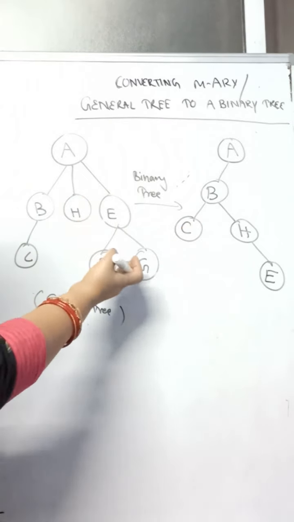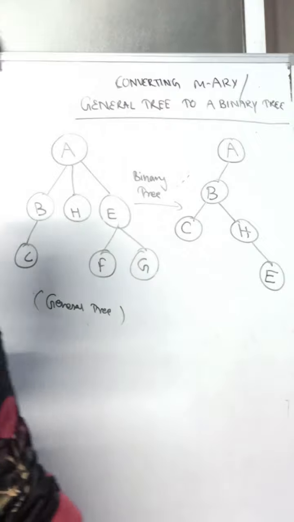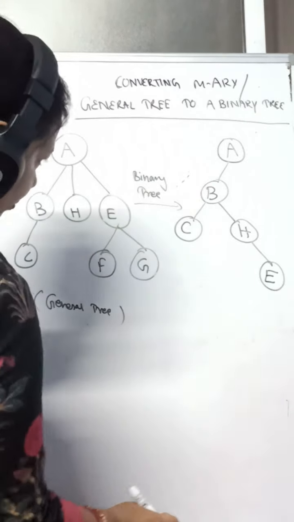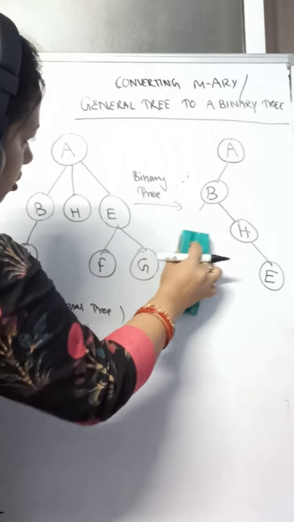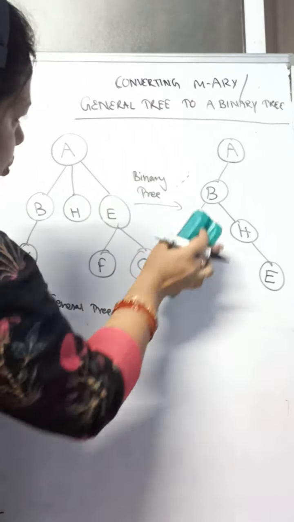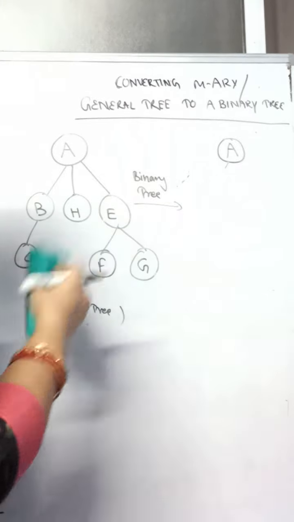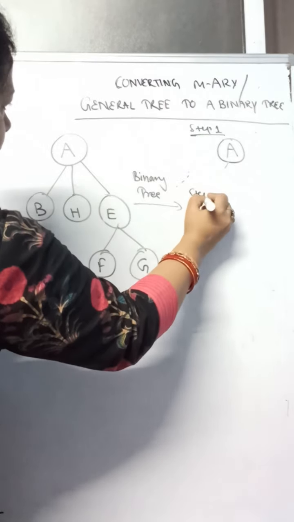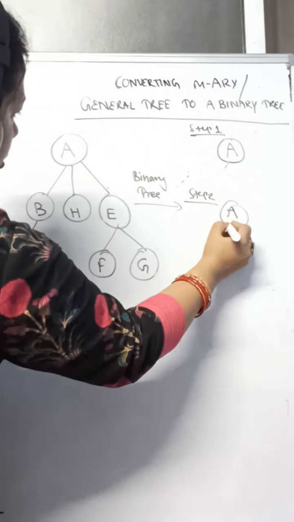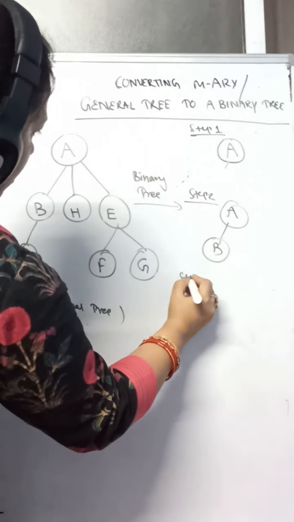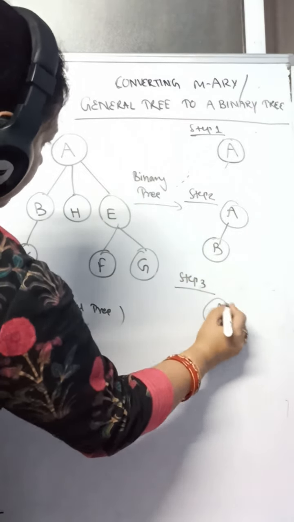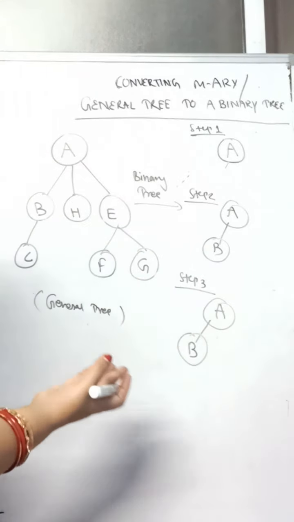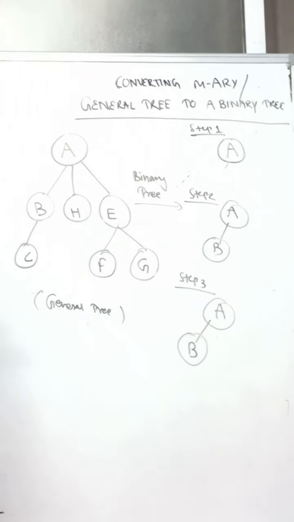Now take your F and your G. The steps you can do like this. This may be step 1. If it is convenient, I will do it in 2 or 3 steps. Suppose see, this is A. Okay, step 1. Step 2: A, then your B. Then step 3: A, then your B, then you can also draw one next sibling first order.